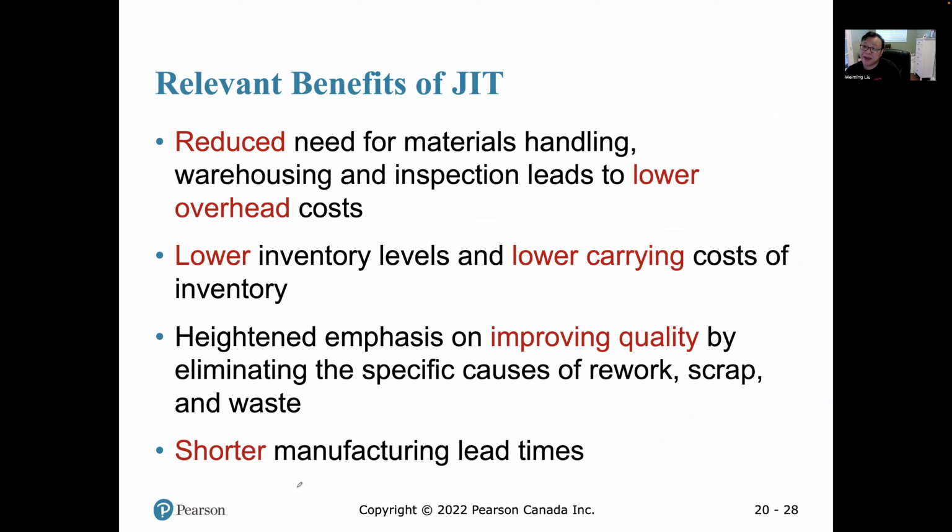You don't have to inspect it. So this would result in a lower overhead cost, and the inventory level will be lower, so the carrying cost will be lower. Okay, and the manufacturing lead time is shorter.